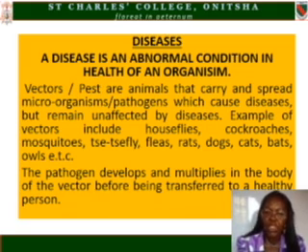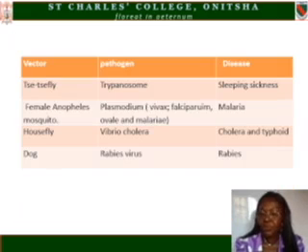Now, the pathogens develop and multiply in the body of the vector before being transferred to a healthy person. Meaning that the vectors are carriers of pathogens. Now, from the table on the screen, you can see the vector, you can see the pathogen they carry, then you can see the disease the pathogens cause.